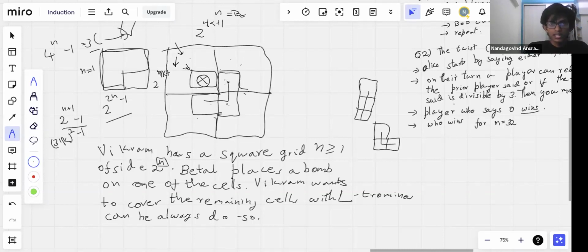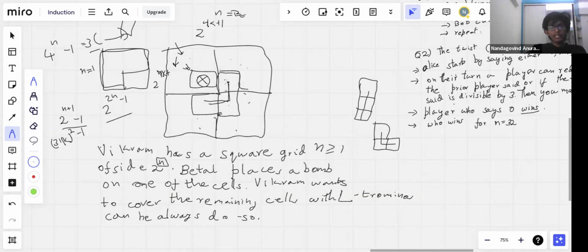So this square is empty. He does a similar thing here where he pretends the top left corner of the bottom right grid has a bomb, so everything else except the top left corner is tiled. And he does the same with the bottom left where he assumes that the top right corner has a bomb. So he's got these three squares that are empty, and these three grids that are entirely tiled. And for the 2 to the power k grid which contains the bomb, he assumes the square that has the bomb, and he tiles all the remaining squares.